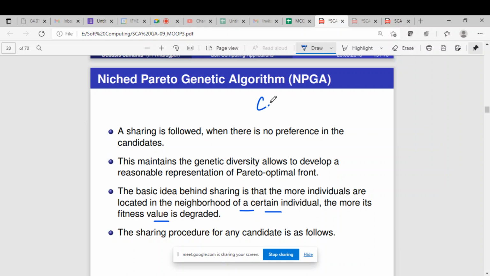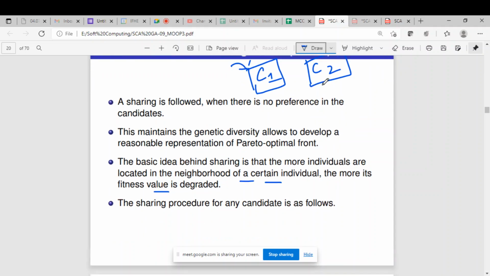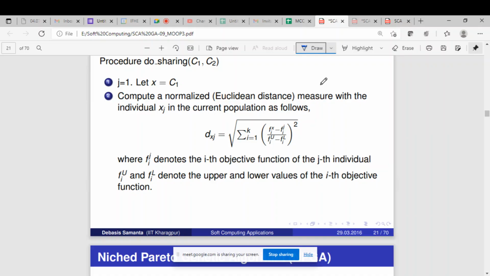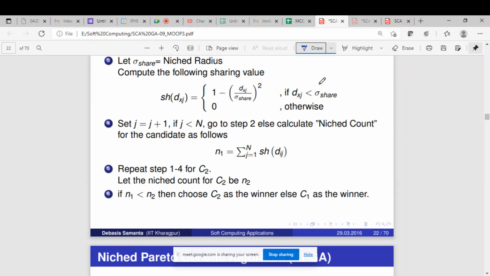Say, for example, C1 is also dominating CS, and C2 is also dominating CS. In that case, how will we identify who is the winner? We are going to do sharing. The whole idea of sharing is that we identify how many neighbors are there near C1 and how many neighbors are there near C2.